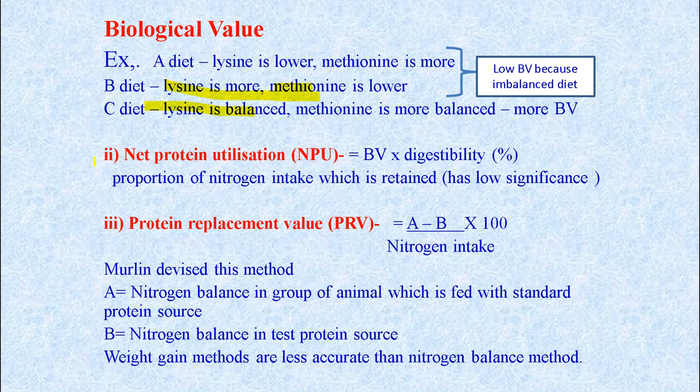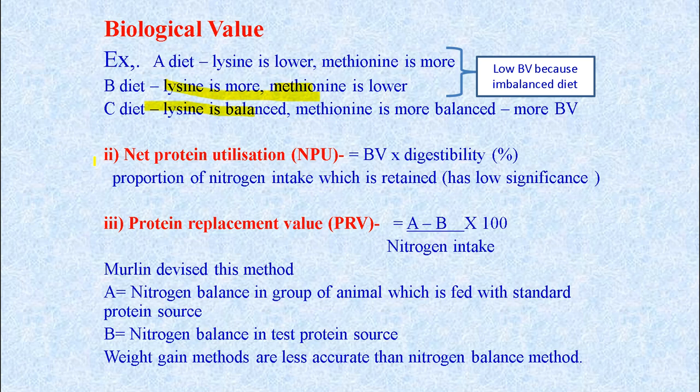Suppose there are different diets like the B and C diet, then we need to properly balance it. Then net protein utilization, or NPU, is defined as the biological value into digestibility in percent, the proportion of nitrogen intake which is retained.